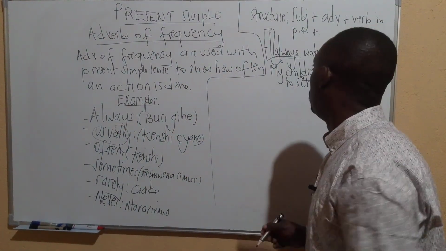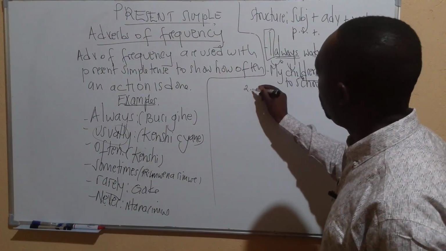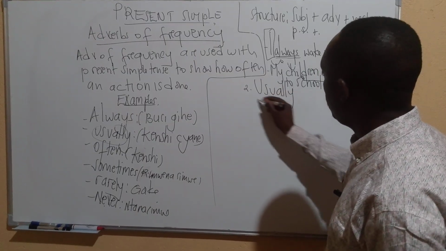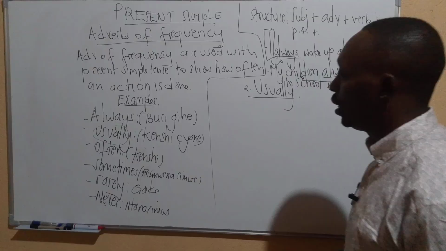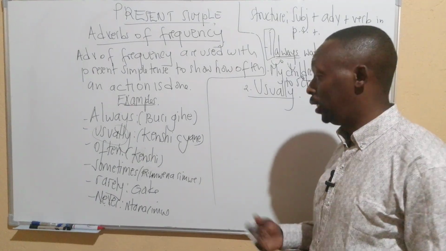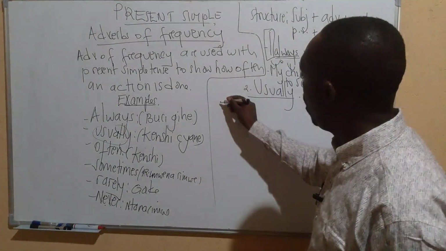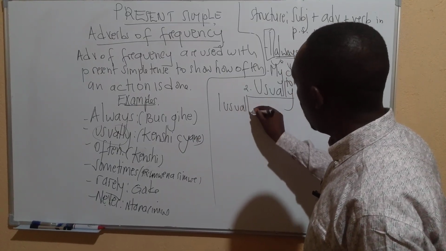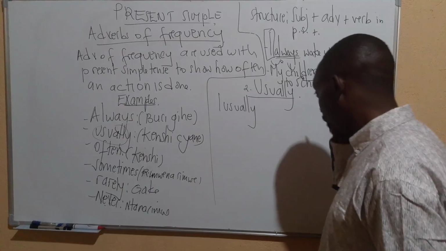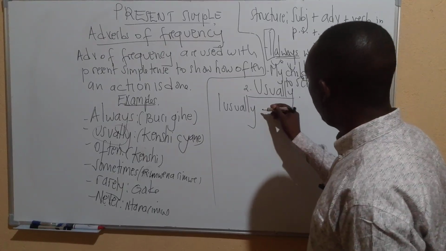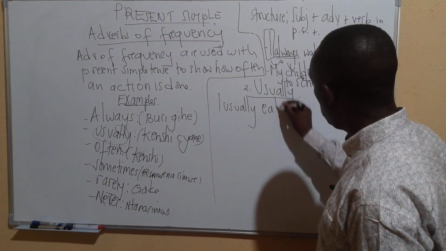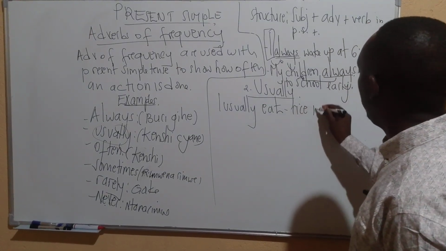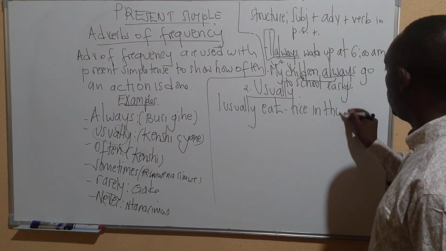Let's go to the second one. The second adverb of frequency is usually. This usually twabonye ko ivuga in Kinyarwanda kenshi cyane. Now you can say I usually eat rice in the restaurant.